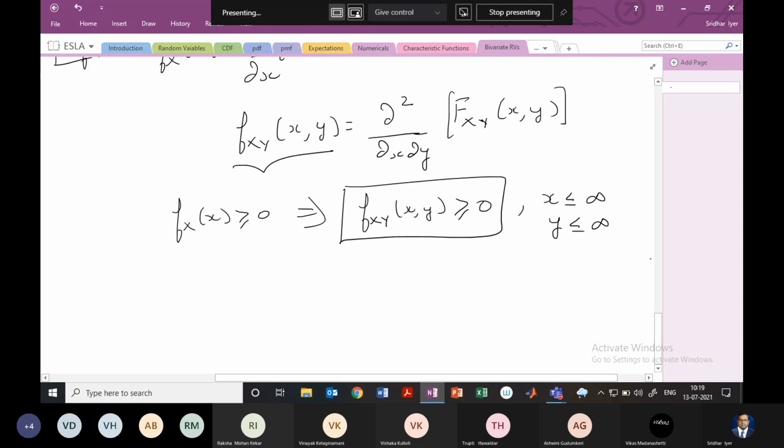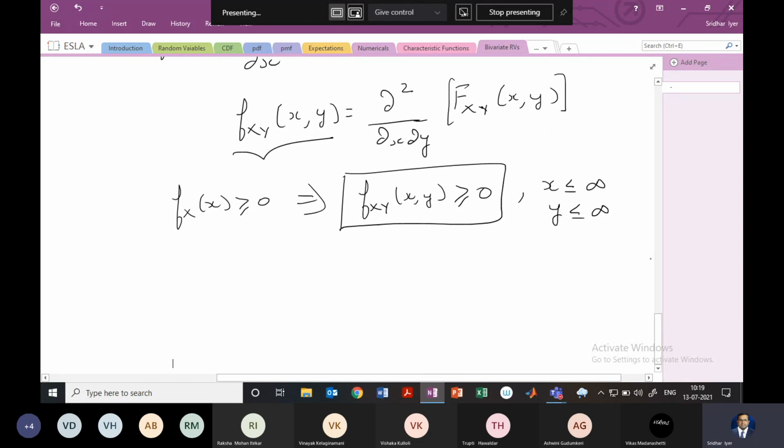The other important property which we have seen is how to find the CDF from the PDF. If you have to find the CDF from the PDF, you'll have to find the integral, right? Just to recollect, if I have to find F_X(x) from the PDF, then it will be the integral from minus infinity to some x of f_X(x) dx.